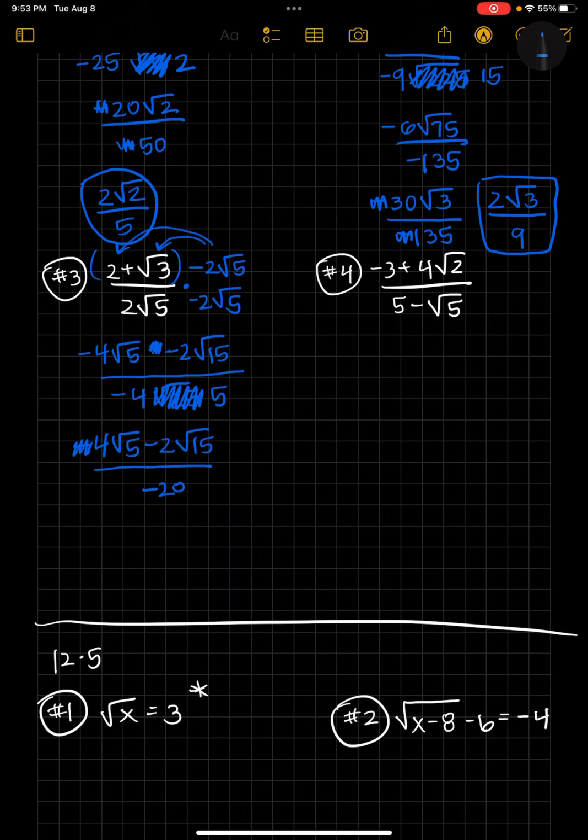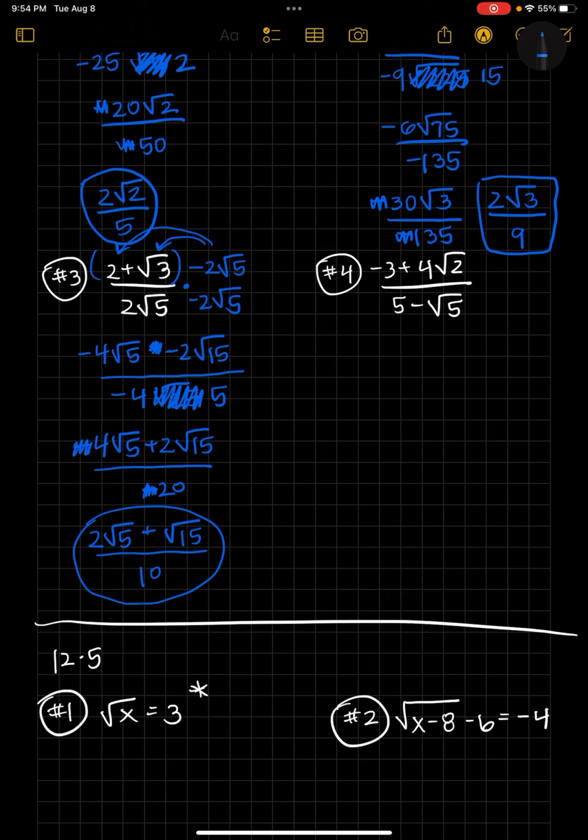So I'm going to just cross those out and then make this a plus. And then I can divide everything by 2. So I'd end up with 2 root 5, all the stuff on the outside divided by 2, plus 1 root 15, or I can just say root 15, over 10. And this would be my final answer.